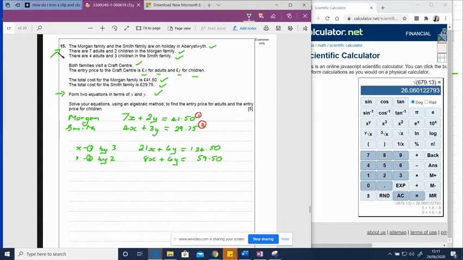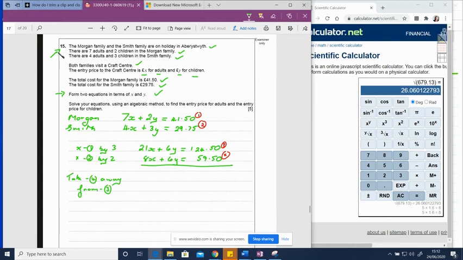Now if I label these equations now 3 and 4, to get X on its own, I'm going to take equation 4 away from equation 3. So I'm going to write that down. Take equation 4 away from equation 3.